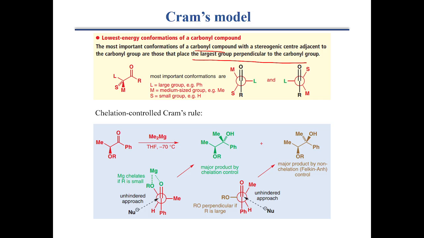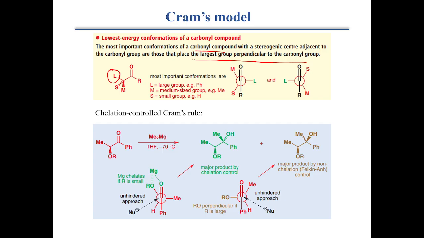If a carbonyl group has a stereogenic center, so this is the stereogenic center, three different groups are there. That is the chiral center. What happens is that the larger group is perpendicular to the carbonyl. So this is Cram's model. Why is this perpendicular to the carbonyl?